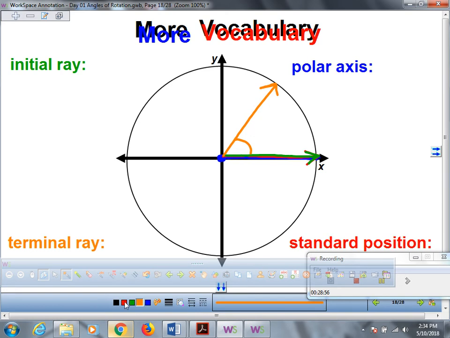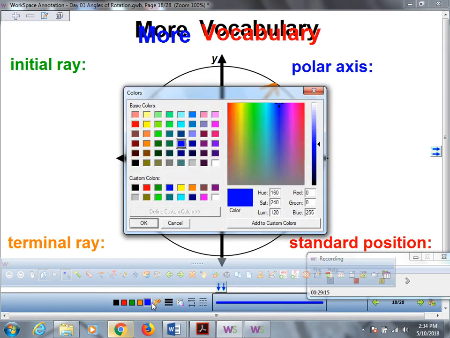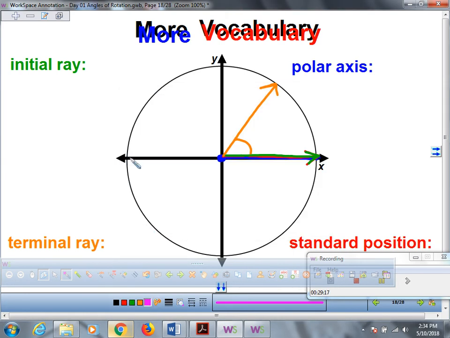So if I had an angle over here, let's do an angle over here. But I want to make it different. Let's do it in pink. If I had an angle over here, I would say this is the initial ray, right? This is the initial ray. It's not in standard position because it's not at the start, it's not at 0.